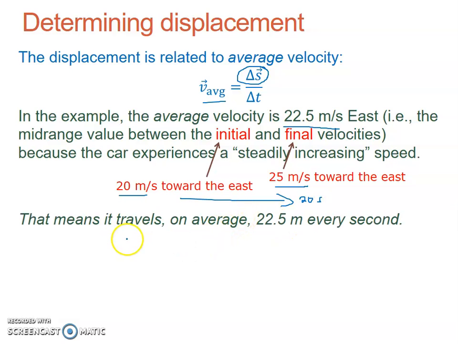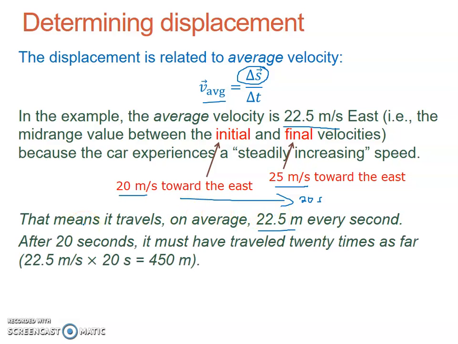That means it travels on average 22.5 meters every second. Now, actually, at the beginning, it was traveling less than 22.5, and at the end, it was traveling more than 22.5 meters per second. But over those 20 seconds, it averages out to 22.5 meters per second because it's in a constant acceleration, and that's the important thing.